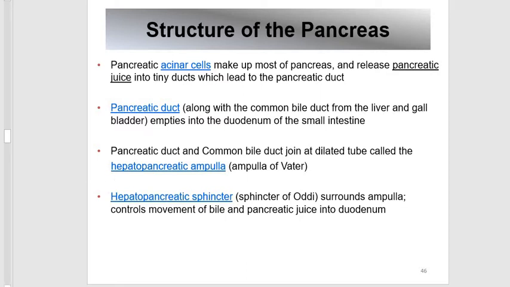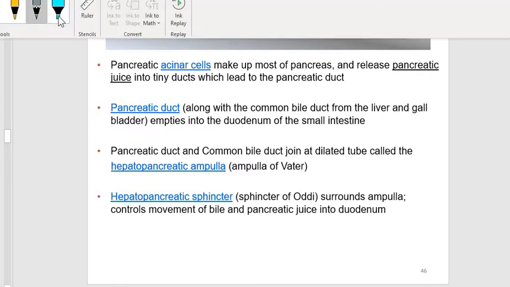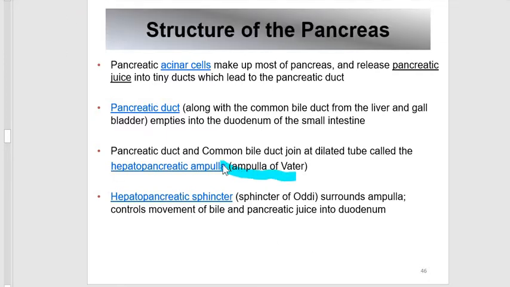The pancreatic duct is going to carry the digestive enzymes and the bicarbonate and the water all the way to what we call the ampulla of Vater. So you see that. Let me actually get my highlighter out here. This ampulla of Vater, otherwise known as the hepatopancreatic ampulla. You can use either of those terms.